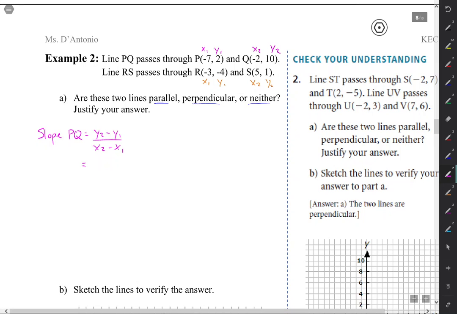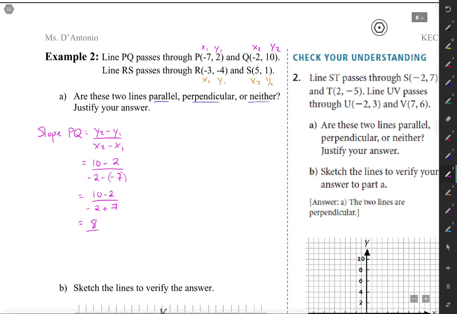So y2 minus y1, that would be 10 minus 2. And then x2 minus x1 would be negative 2 minus 7. So be careful, there's a double minus sign there, double negative. So then that's the same as 10 minus 2 over negative 2 plus 7. So then the slope of that one would be 10 minus 2, which is 8, and negative 2 plus 7 is 5.